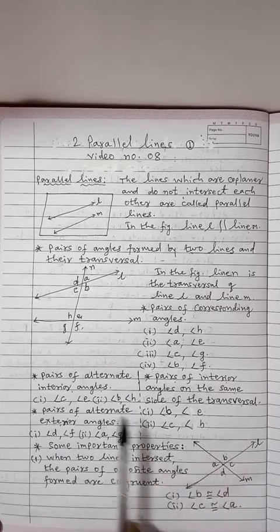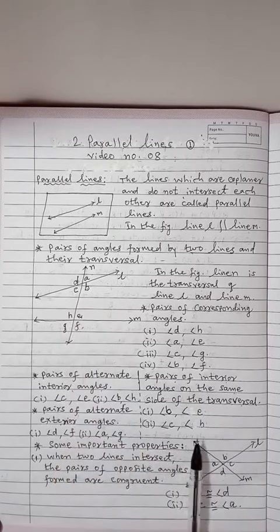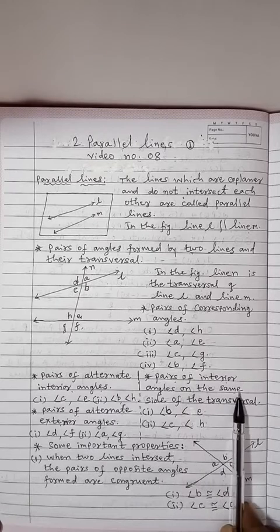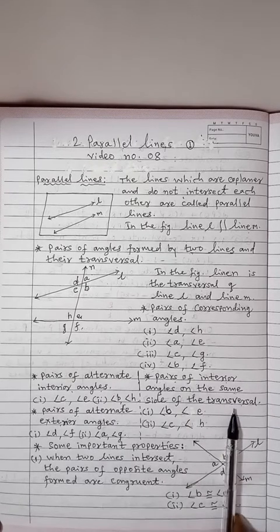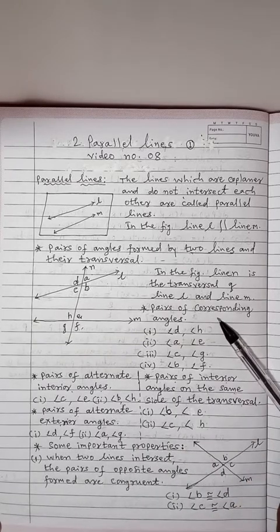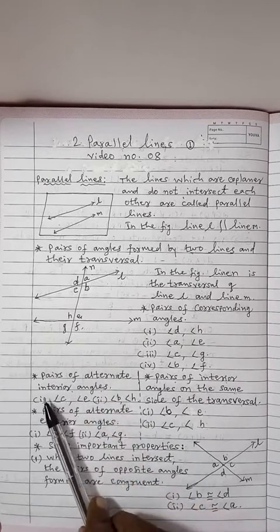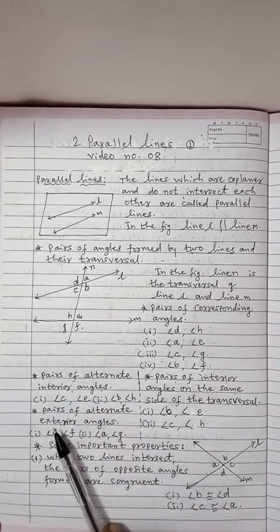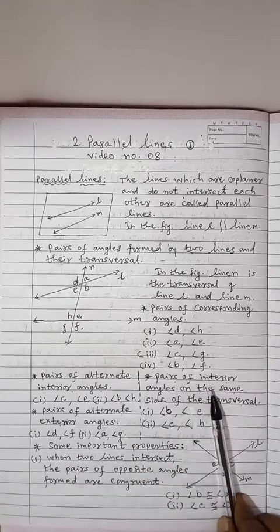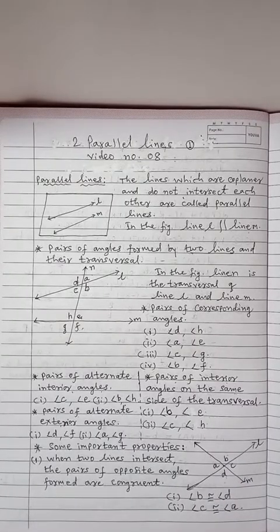Second pair is angle C and angle H. So there are two pairs of interior angles on the same side of the transversal. Watch the video carefully. Learn the pairs of corresponding angles, alternate interior and alternate exterior angles, and then pairs of interior angles. Yes, now we'll move to some of the properties.